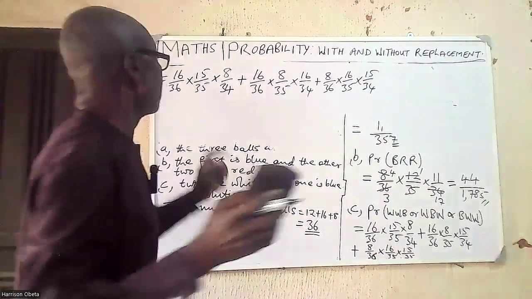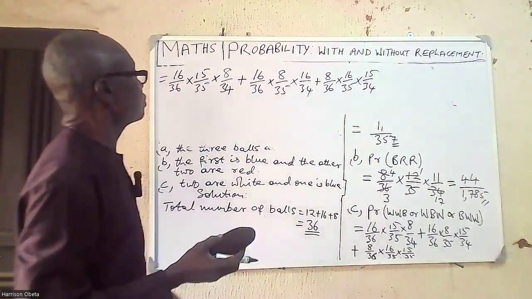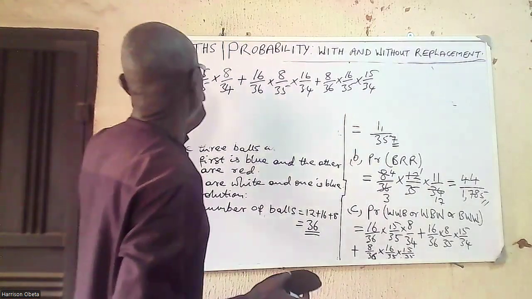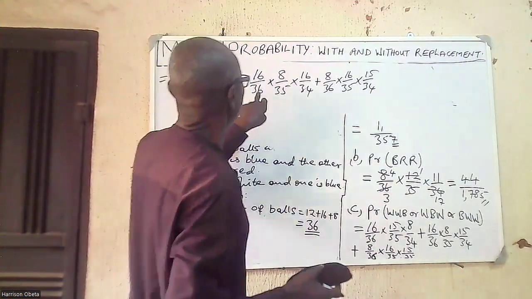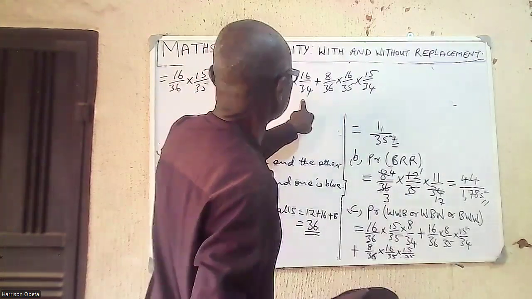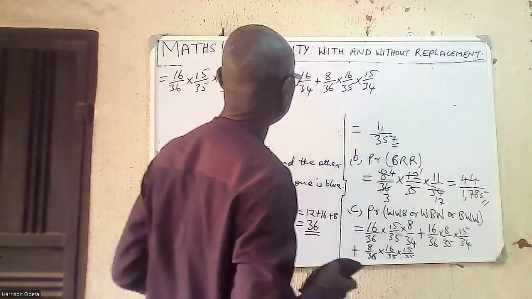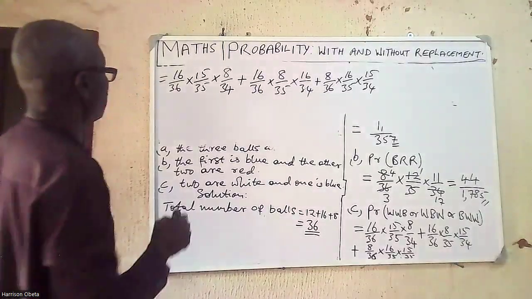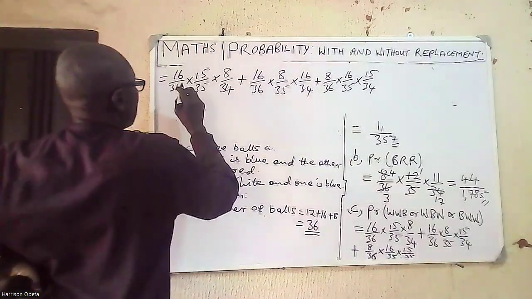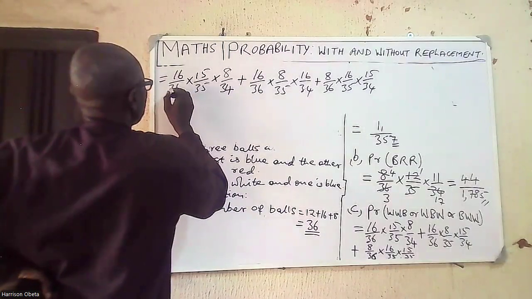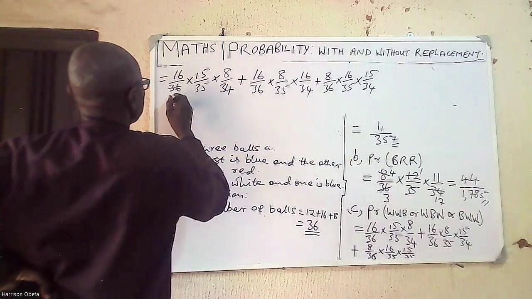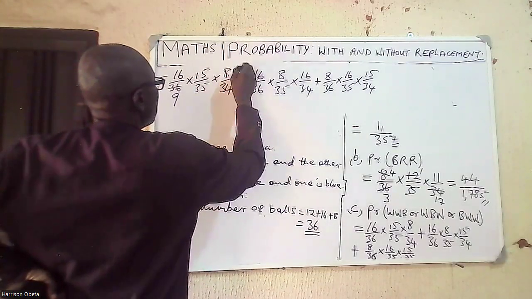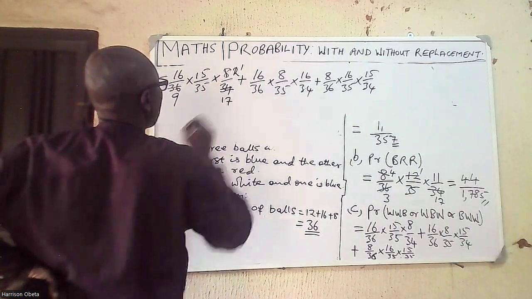And if you watch, you discover that in each case we are supposed to get the same answer, because we have 36, 35, 34 in each case. So we are going to now simplify. We have 4 here, 9; 4 here, 2; 2 here, 1; 2 here, 17.